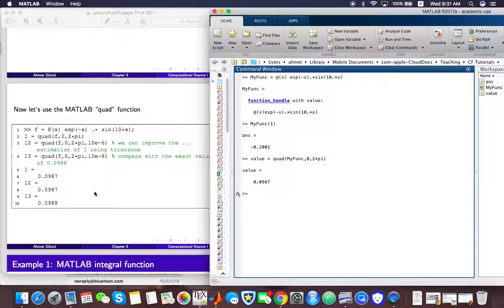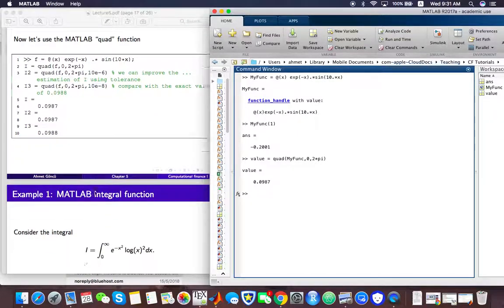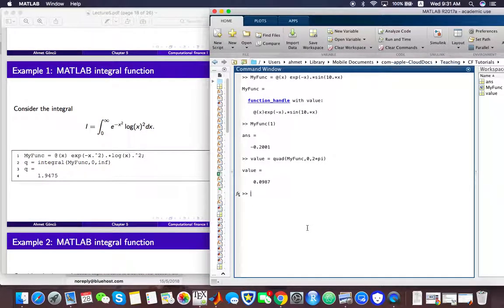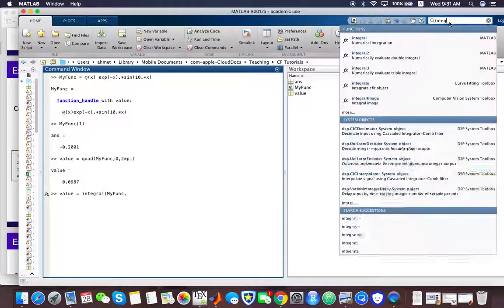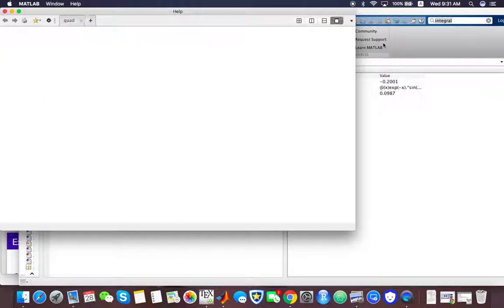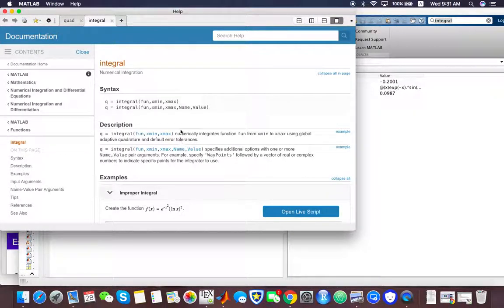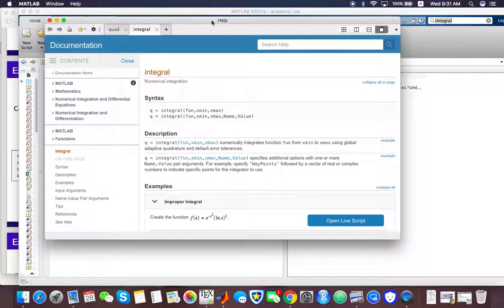This is also the same in our slides, and let's also try the integral function. Again, if you want a bit more information on the integral function, we can call our help documentation. You can see the syntax is quite similar.